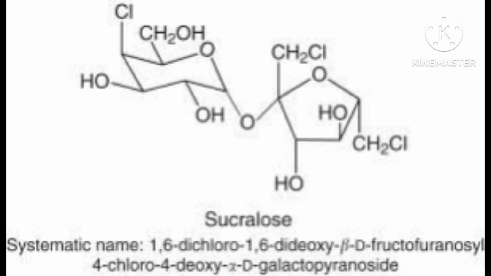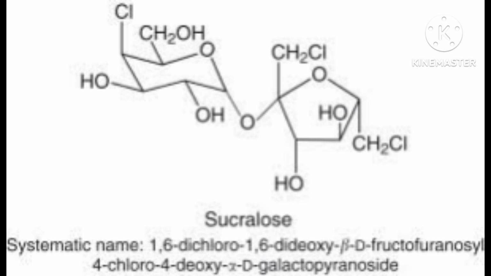Here also the chair form is there, and another form, a 5-membered ring, is there. I will send the structure. It is 600 times sweeter than cane sugar or sucrose.